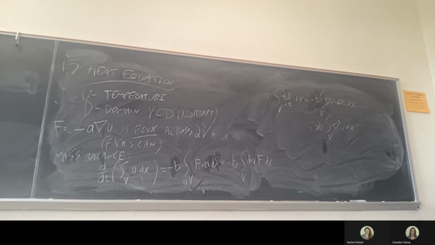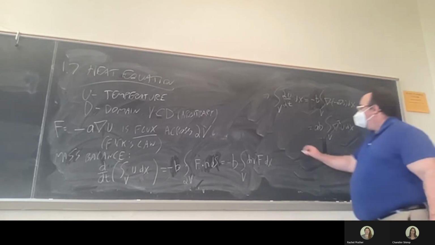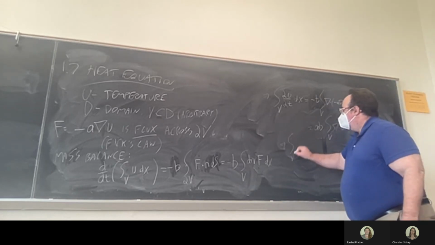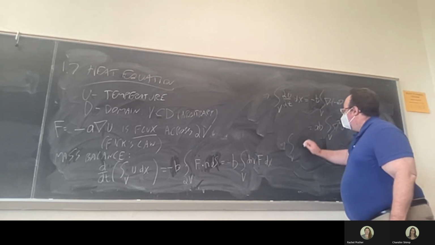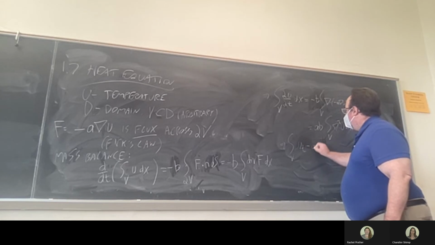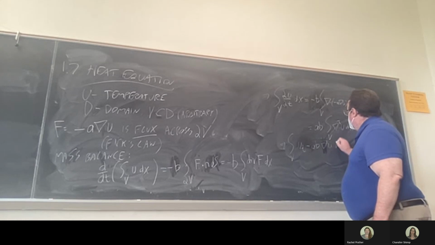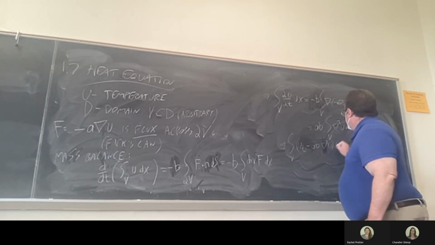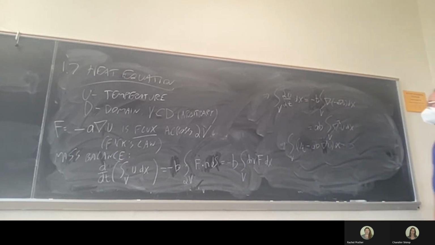Well, now what I'll do is put everything on one side. That equals 0. Now, this applies to my subset V, but the subset V is arbitrary.